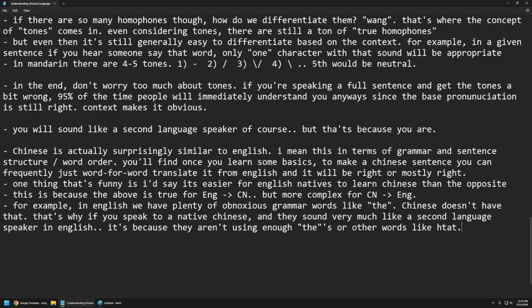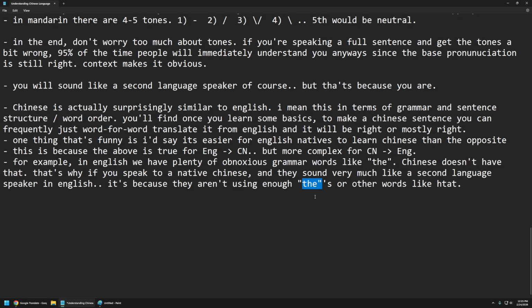They're just struggling to find out where to add these things because this concept doesn't exist in Chinese. Of course, if we convert from English to Chinese, we can just ignore these. You don't have to worry about translating "the" because you just skip it. The other way around, they have to learn where this is appropriate.